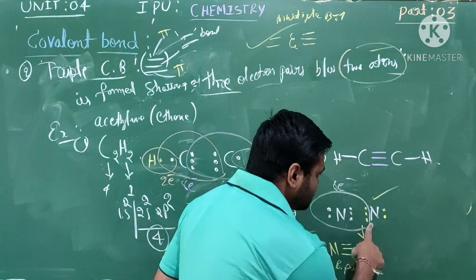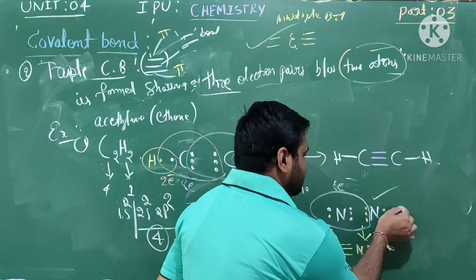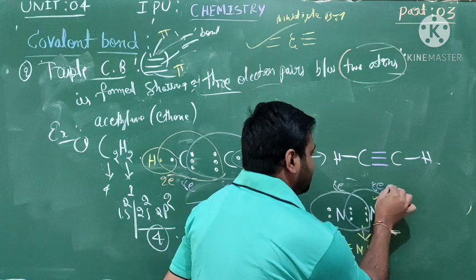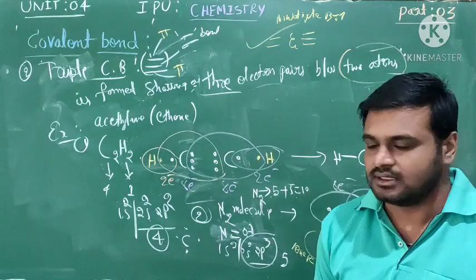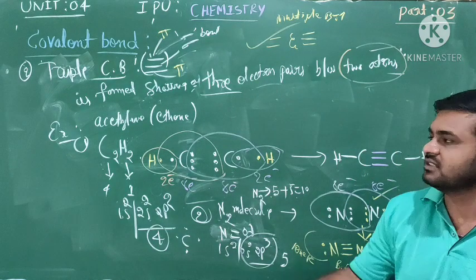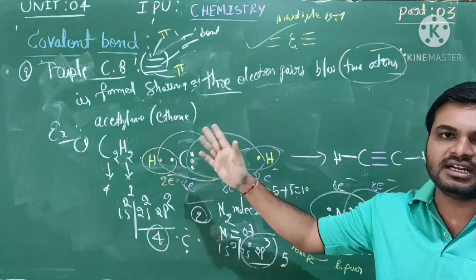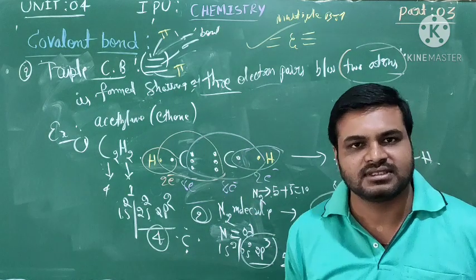In this nitrogen also 1, 2, 3, 4, 5, 6, 7, 8, also 8 electrons, giving the octet. Okay, clear? This is about single, double and triple covalent bonds. Clear? Thank you.